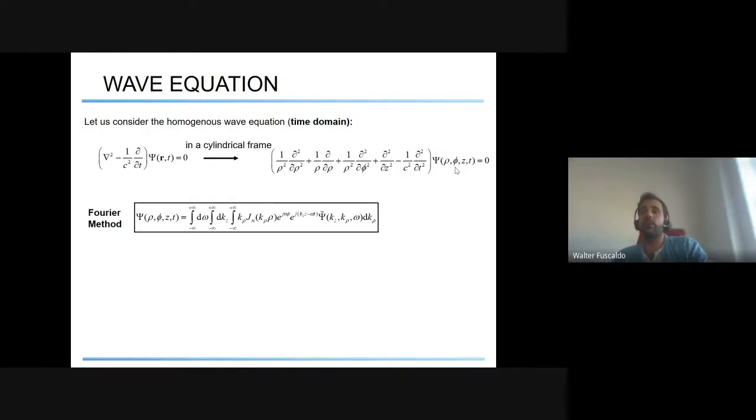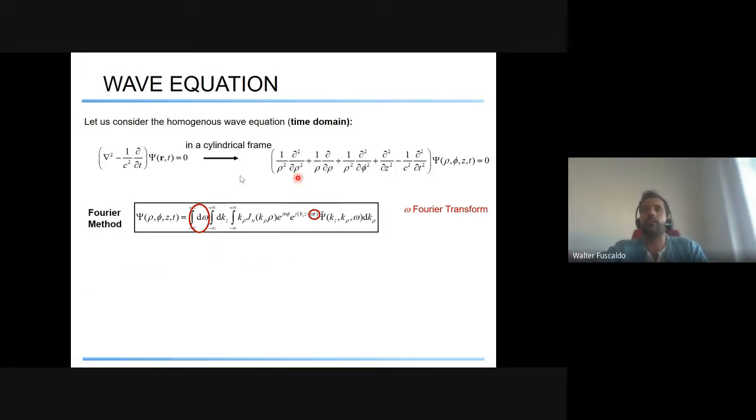Now, the application of the Fourier method allows us to represent a generic solution to this equation in terms of an arbitrary spectrum that is here represented as this psi function with a tilde on top.